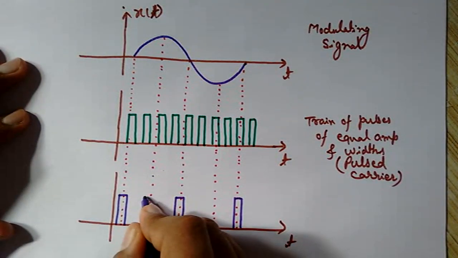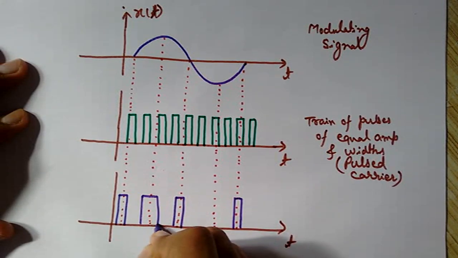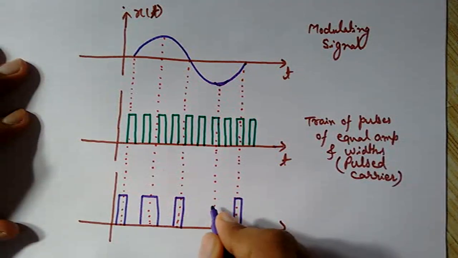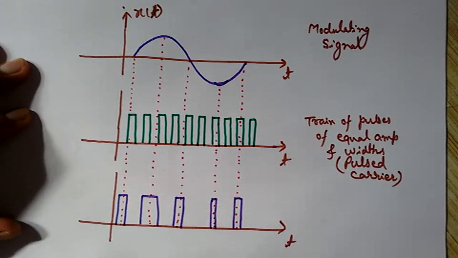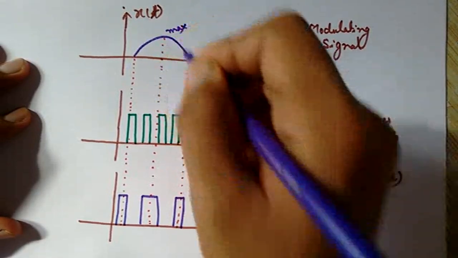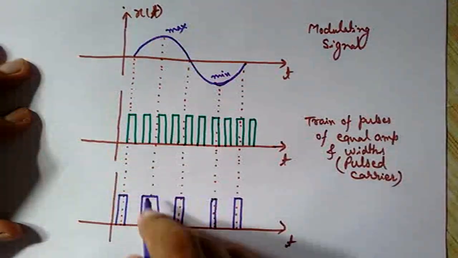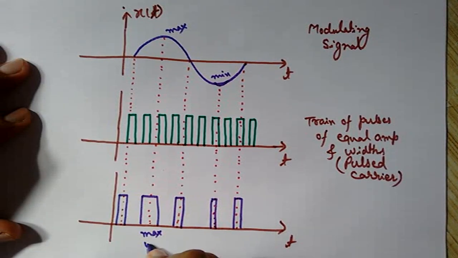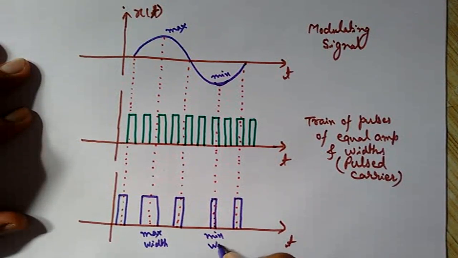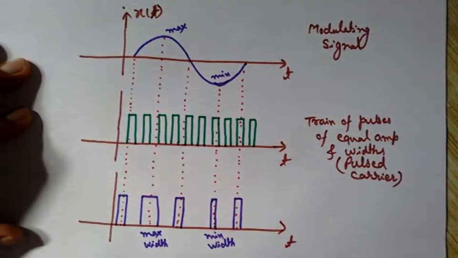So let's draw. Okay, this width is maximum, and at this point it is minimum. So this is the minimum, here it is maximum, so here also it is maximum width, and here it is minimum width.